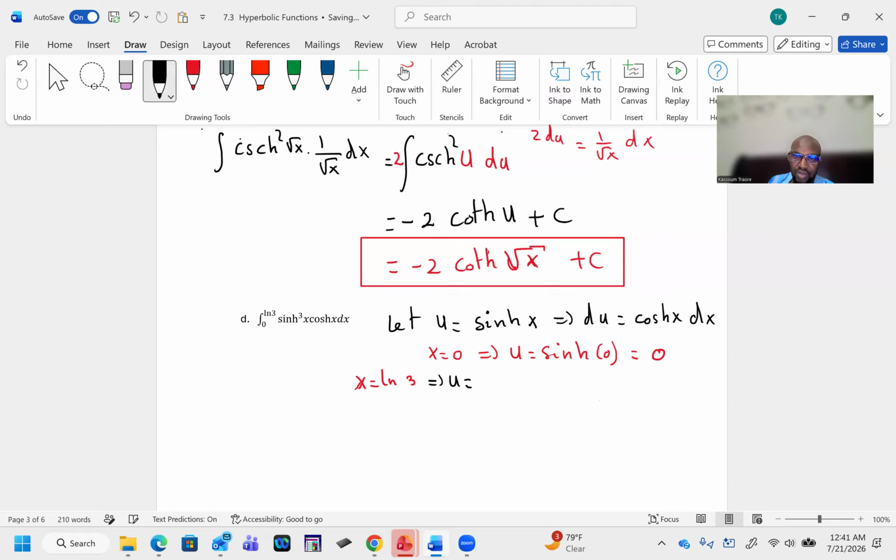And our u will be hyperbolic sine of ln of 3. Of course, which will be e to the power of ln of 3 minus e to the power of negative ln of 3 divided by 2, which would be 3 minus 1 over 3 divided by 2.